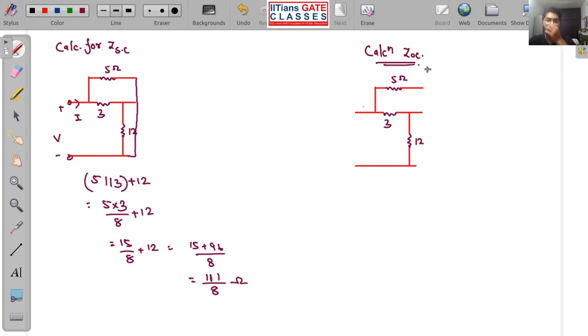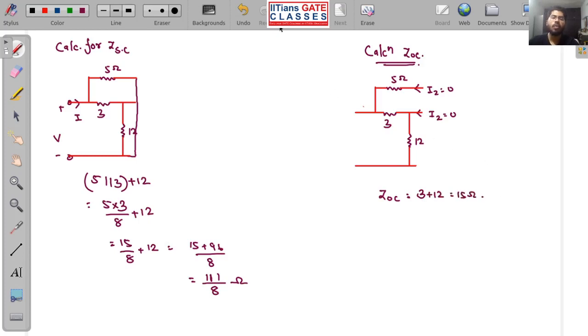So this will be open circuited, means zero current is flowing from here. So if zero current is flowing from here, no current is coming from the output side. So you can see 3 and 12 they are directly in series. So ZOC comes out to be 3 plus 12, that is 15 ohm.